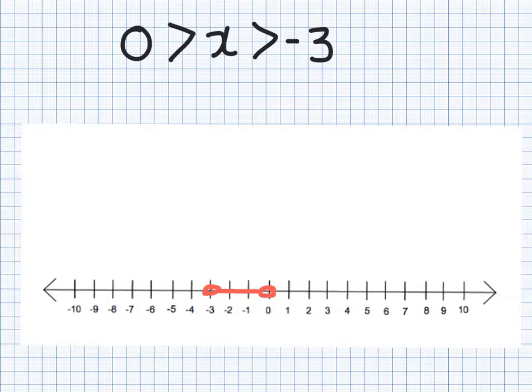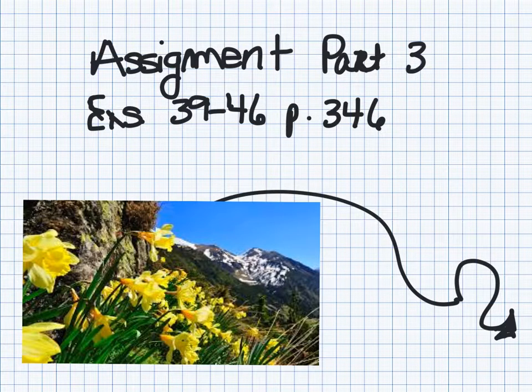And so our solution then is 0 is greater than x, which is greater than negative 3, and here's my negative 3 to 0, that's how I graph this right here. Your assignment, part 3, is to do exercises 39 through 46 on page 346.